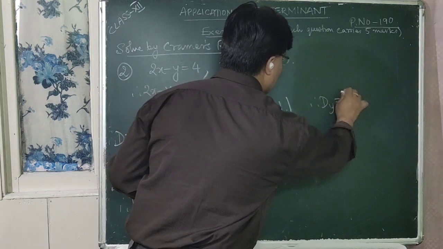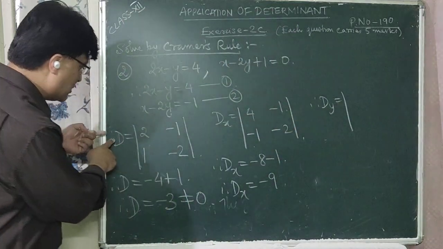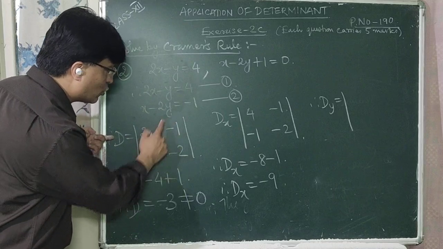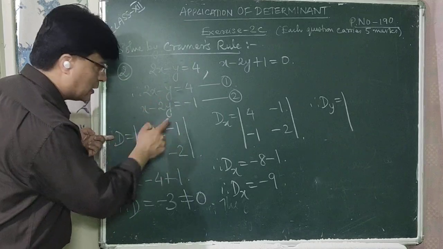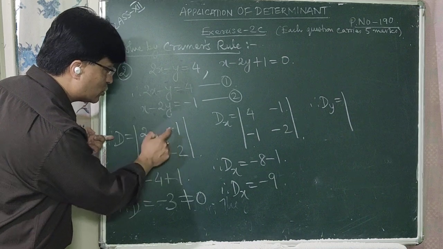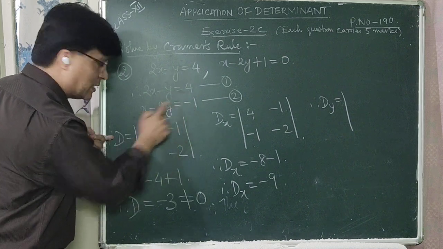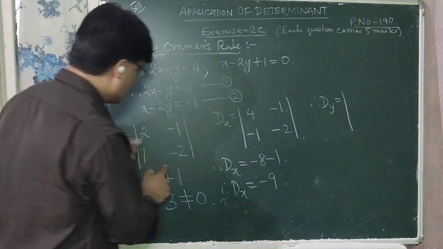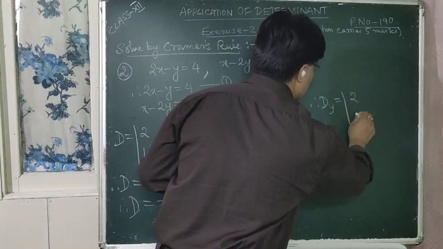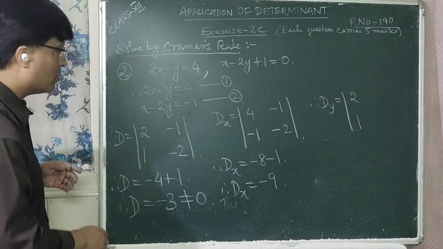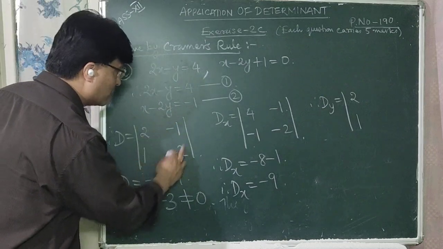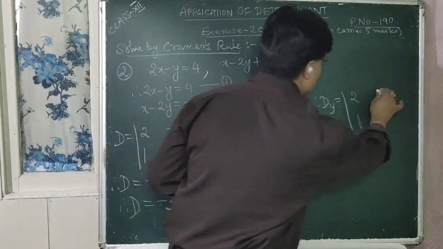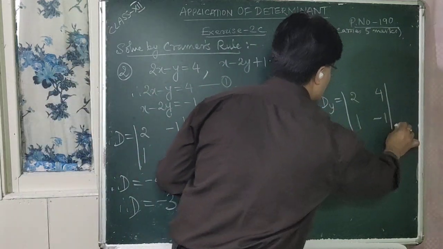Now let us find out dy. Therefore dy is equal to, now you have to consider this determinant d. The second column are the coefficients of y. Now these coefficients of y should be replaced by the constants, keeping the first column the same, right? So 2, 1, the first column remains the same. The second column is replaced by the constants 4 and minus 1.